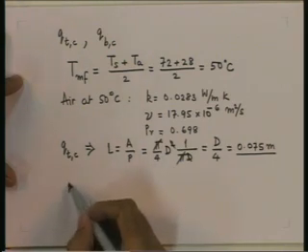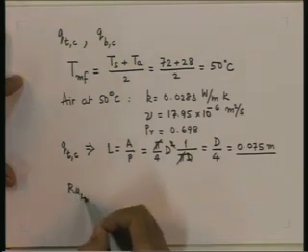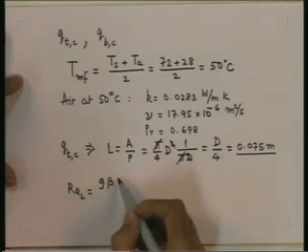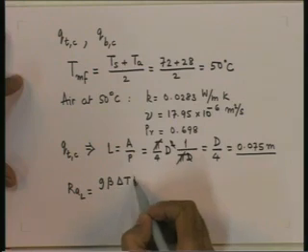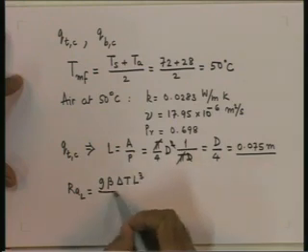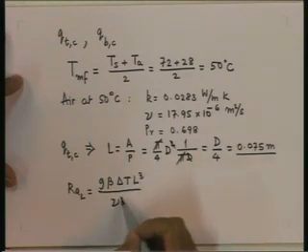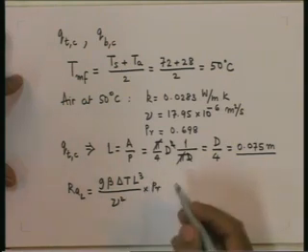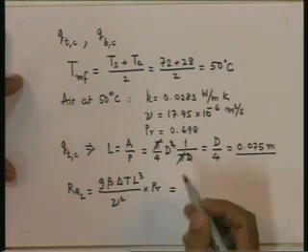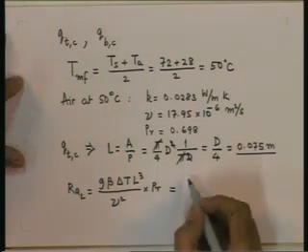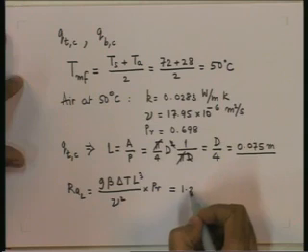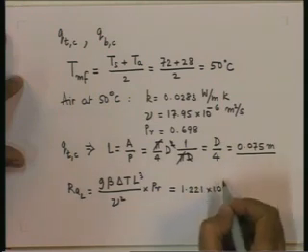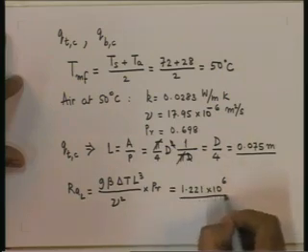If you substitute these values in the definition of the Rayleigh number, g beta delta T L cube by nu squared into Prandtl number, you will get this to be 1.221 into 10 raised to 6.